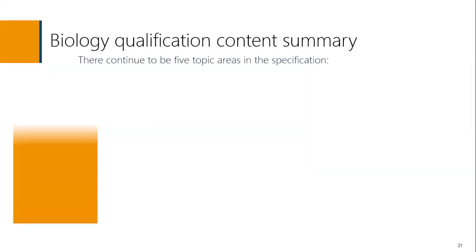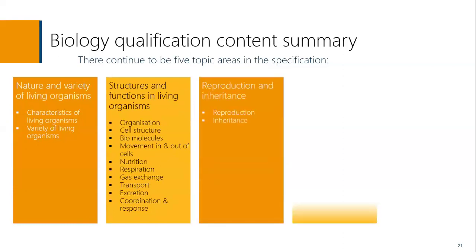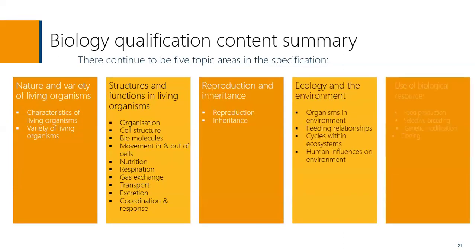So now we're going to look in more detail at the content for biology. We've briefly mentioned the 5 topic areas. We're now going to look at them in more detail. So these are the 5 topic areas.